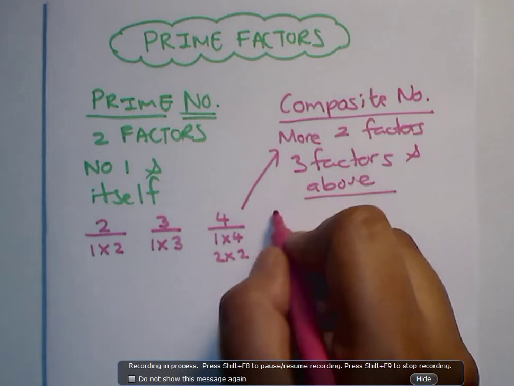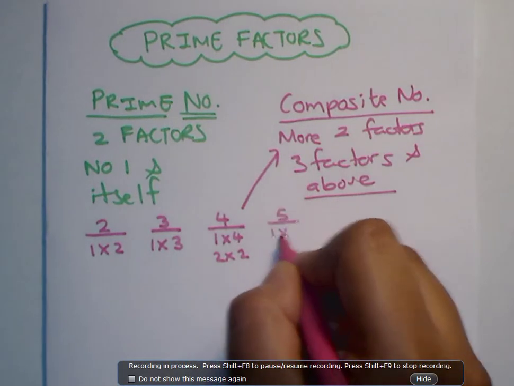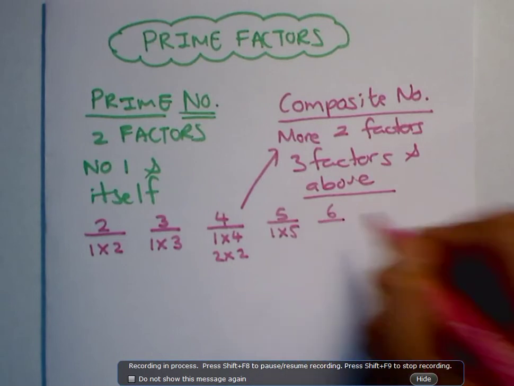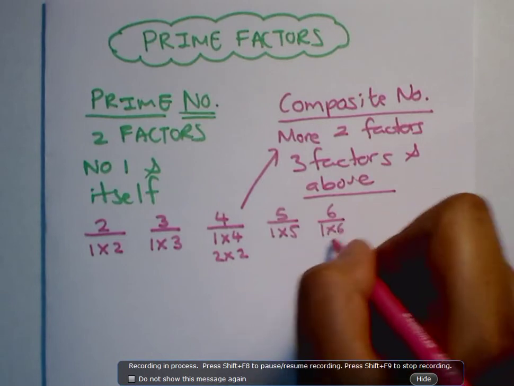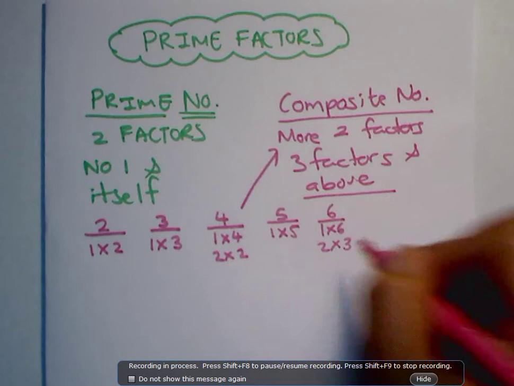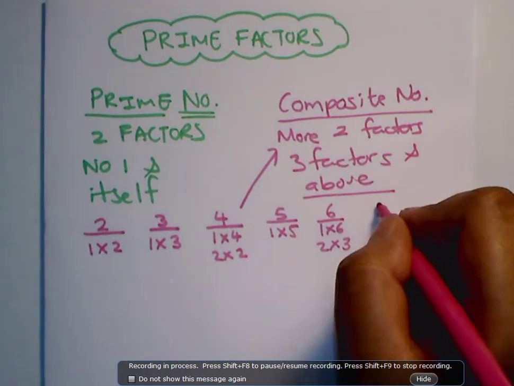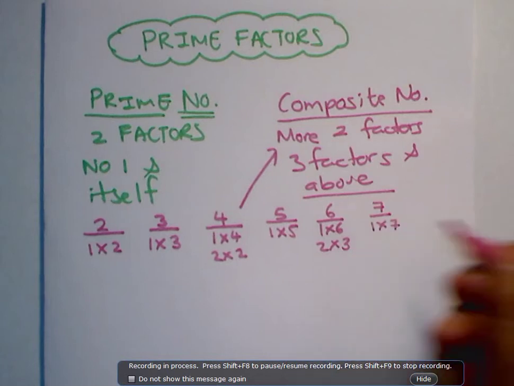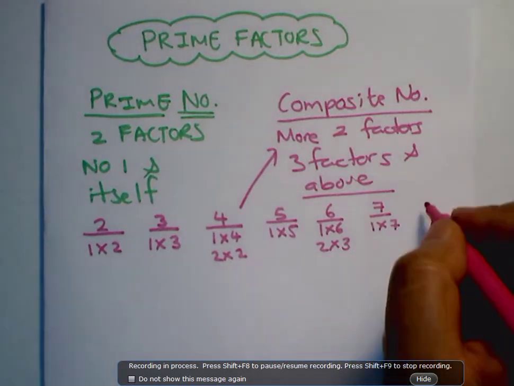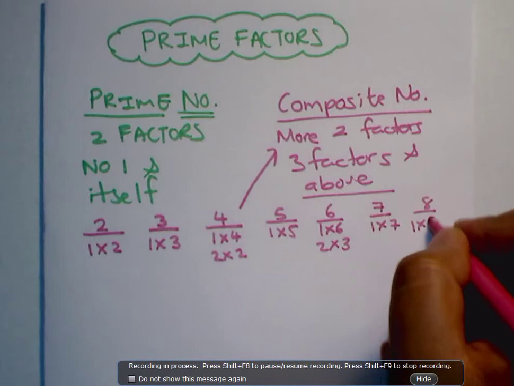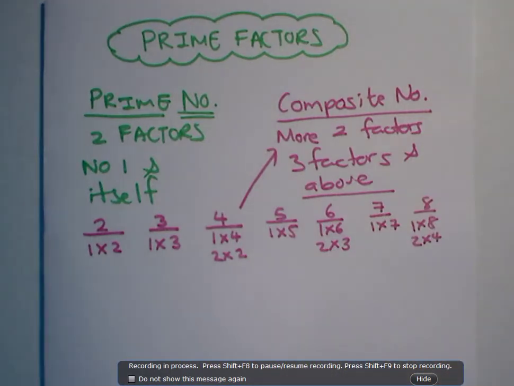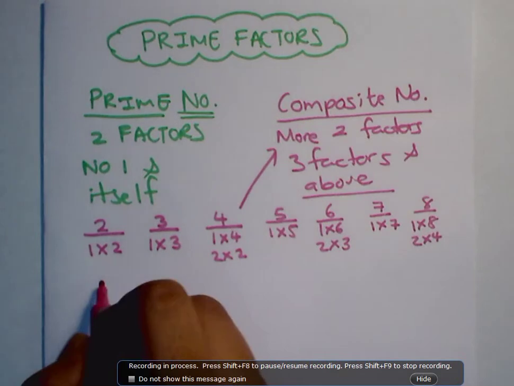Then we go to number 5. 5 has 1 times 5 and 5 times 1, so that's a prime number. 6 has 1 times 6, 2 times 3. Nope, not a prime number. Next we got 7. 7 we got 1 times 7, that's a prime number. Then we got 8. 1 times 8, 2 times 4. Nope, it's a composite number. Next we have 9.